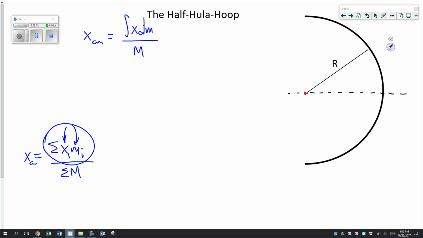So when we have extended bodies, continuous objects, we need to use this integral to add up all of the little parts.